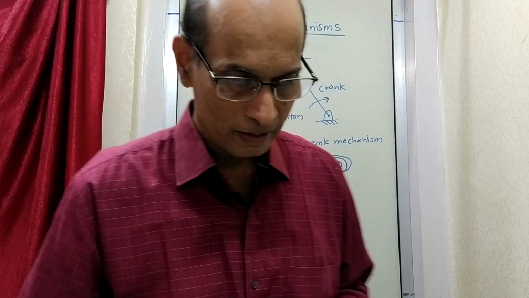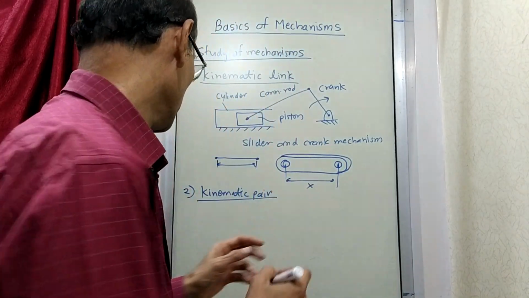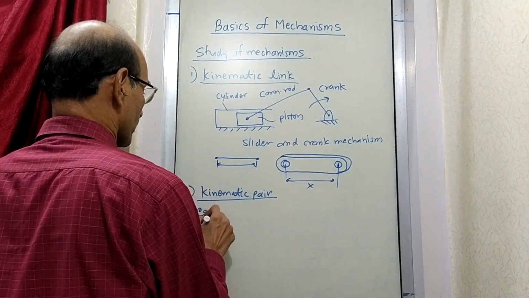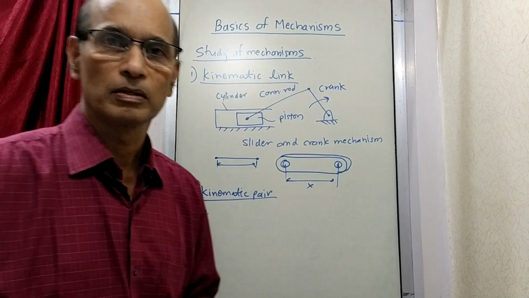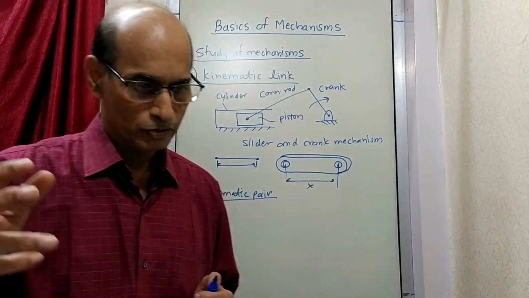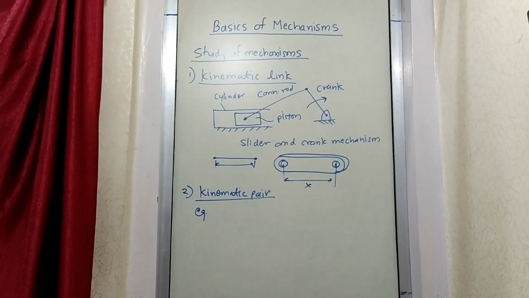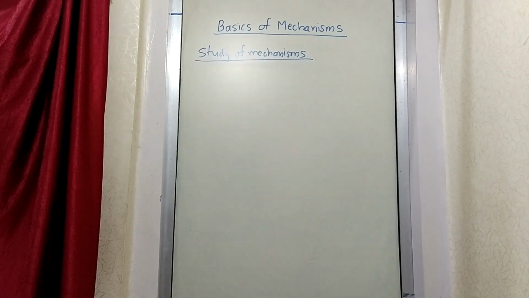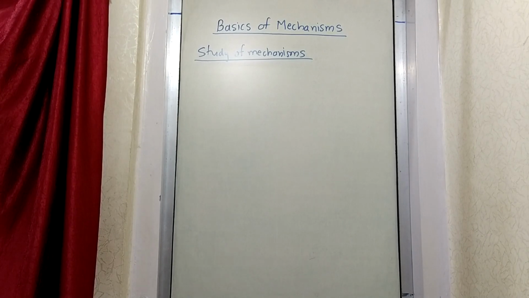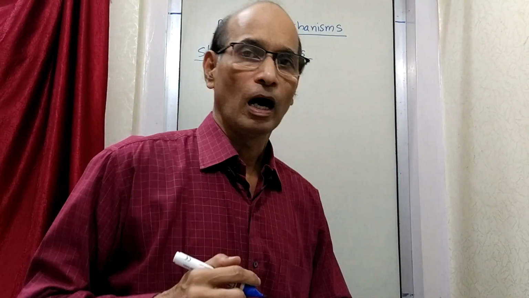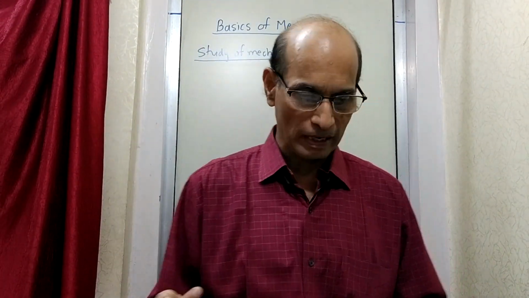Now we will take different examples of kinematic pair. So just write this down. Now we see how to classify the different types of kinematic pairs.